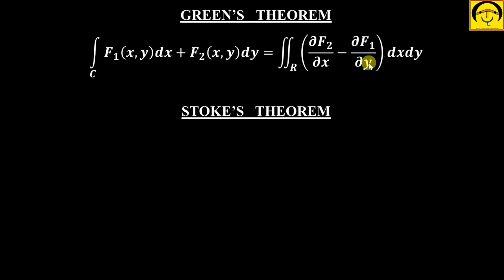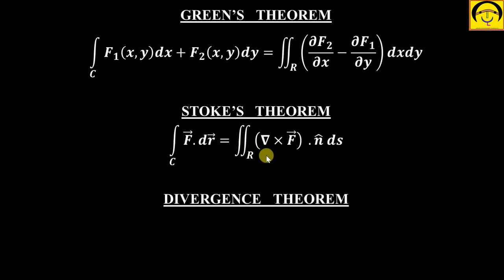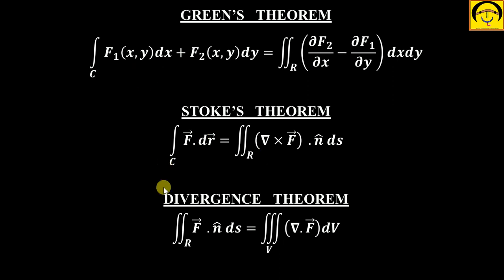Now Stokes theorem, today we are not going to discuss it, and now the divergence theorem. I think you all know about these two theorems, so on that basis I will try to solve the problems which I mentioned.